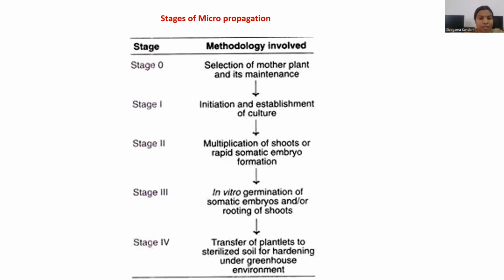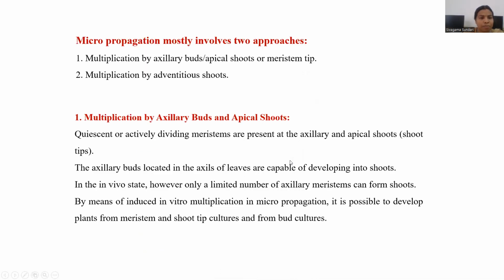Stage 2, after incubation, proliferation of shoots. Stage 3, proliferation of roots. Stage 4, after you get a complete disease-free plantlet, you can go for acclimatization or the hardening process. That is stage 4.